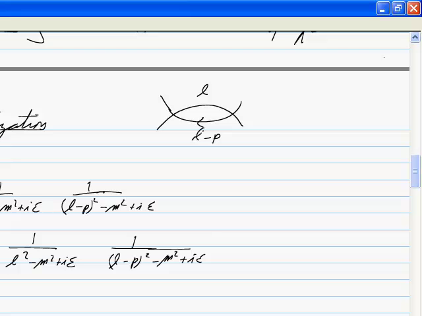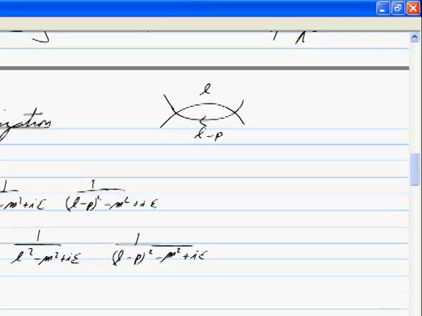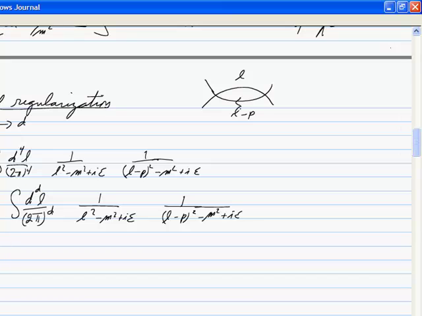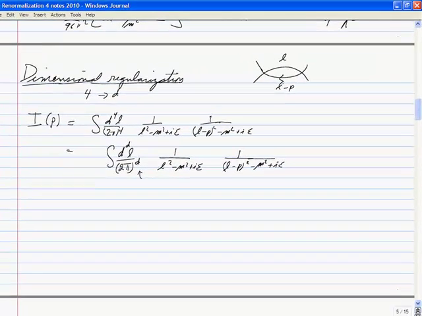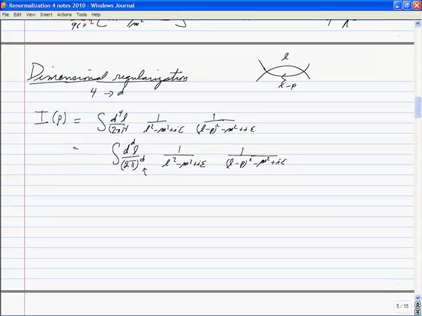Now, one obvious thing: we took d^4L into d^dL. It's conventional to do (2π)^d. That also gives no contribution at the end of the day, but that's what people do.